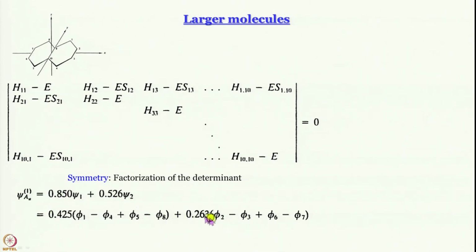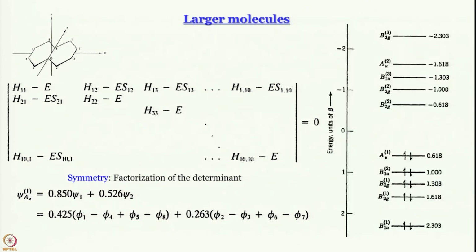You see, this is an expression for one of the molecular orbitals of naphthalene, and one can work out all the energies from this Huckel approximation without having to use a computer actually, using this symmetry factorization. This is discussed nicely in Cotton's book on chemical applications of group theory, among other books. In fact, whatever I have written here, the diagram, everything is copied from Cotton's book.